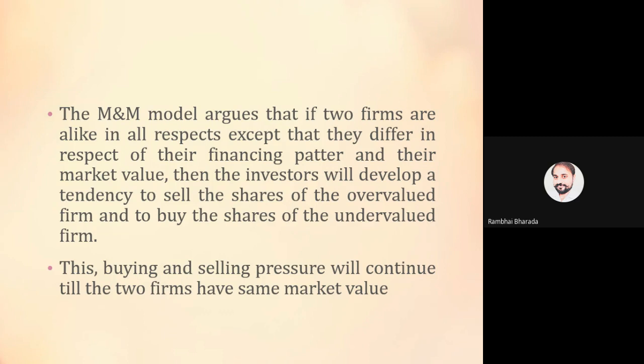Buying and selling pressure will continue till the two firms have same market value. अब इसका market value और इसका market value, suppose here 20 plus 40, suppose इसका down होके हो जाए 30, इसका up होके हो जाए 30. जब तक ये दोनों सेम नहीं होंगे तब तक ये प्रोसेस चलता रहेगा.